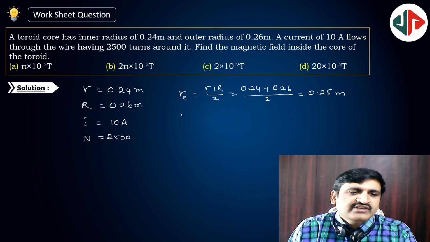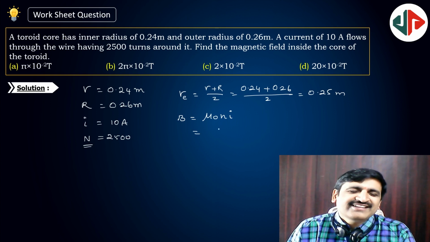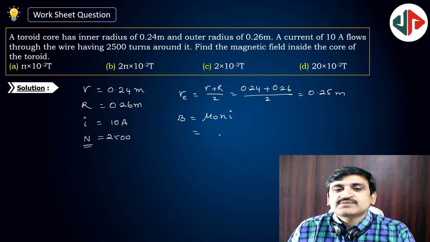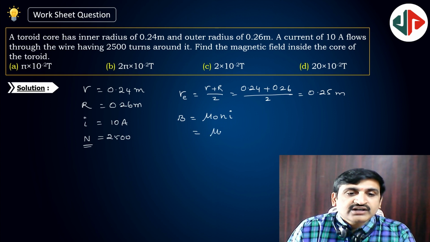Then magnetic field induction B inside the core is equal to mu naught n I. That's why I change it to small n. Capital N is the number of turns, and number of turns per unit length is small n. So B is mu naught N by 2 pi r into I.